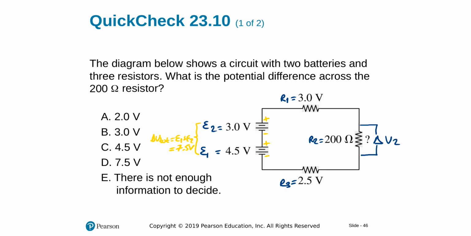Sorry, these are not resistances given, these are potential differences. Let's change those. I have given 2 potential differences and 1 resistance actually. The 2 potential differences are delta V1, 3 volt, and delta V2, 2.5 volt.